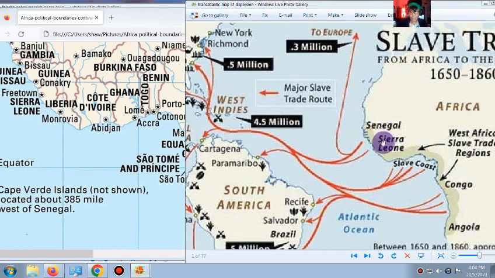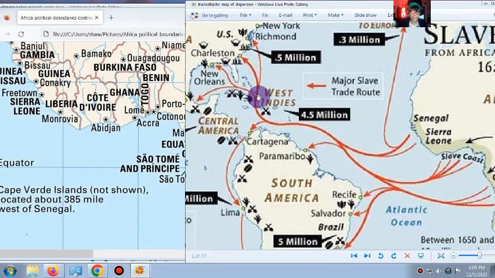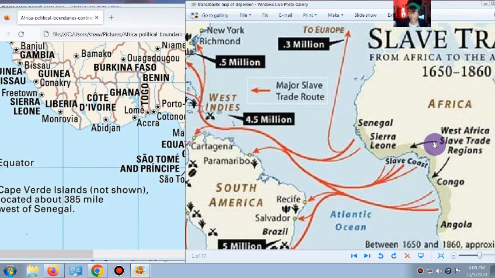It looked like they went all the way up to Europe, about 3 million. It shows approximately how many. We also went into South America, Central America. West Africa is all this area here, which would be the slave coast, and then the Congo, and then Angola.